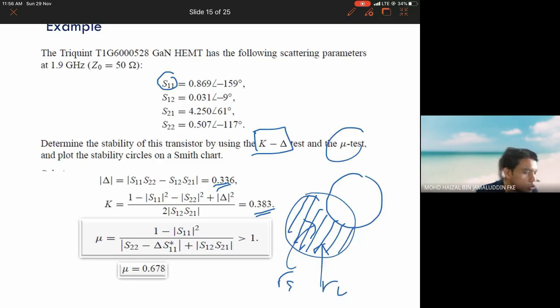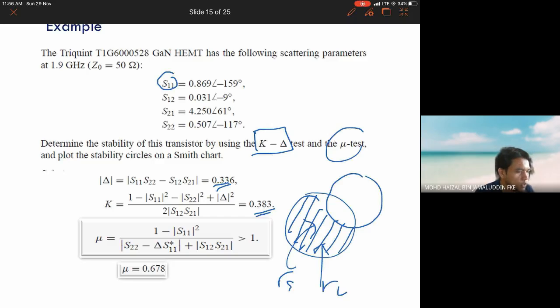In order to draw the stability circle, you have to calculate all the CL, RL, CS, and RS. Here you will have 1.59 at 132 degrees with a radius of 0.195 and so on.